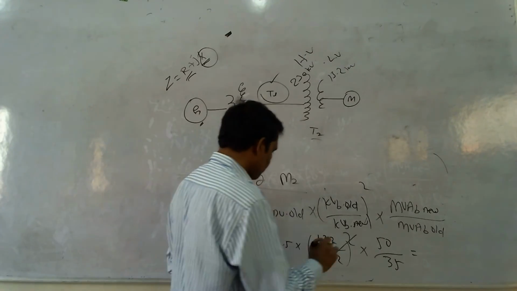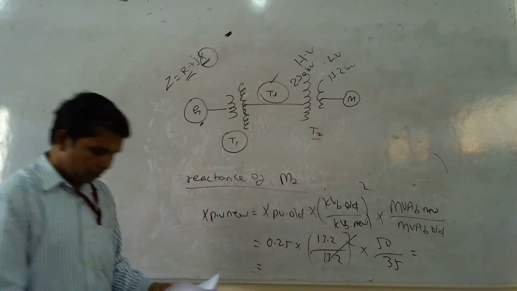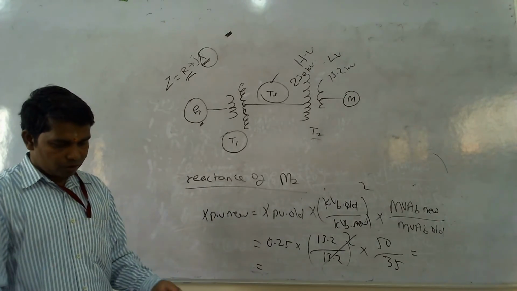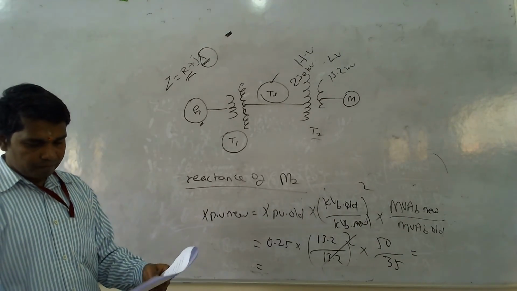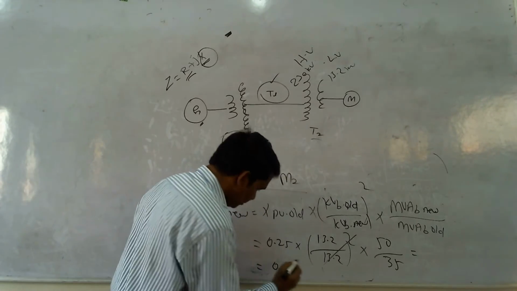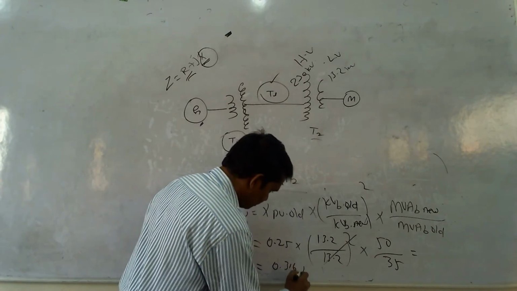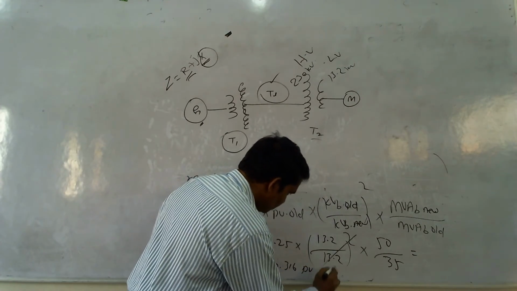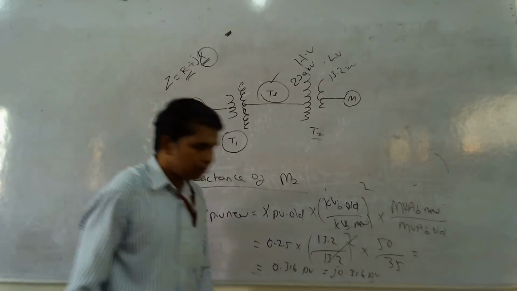This we can cancel, and we only have to calculate this value. It comes approximately j0.316 per unit.